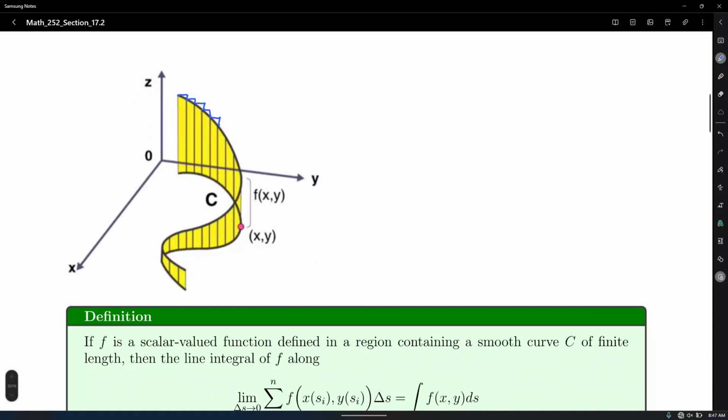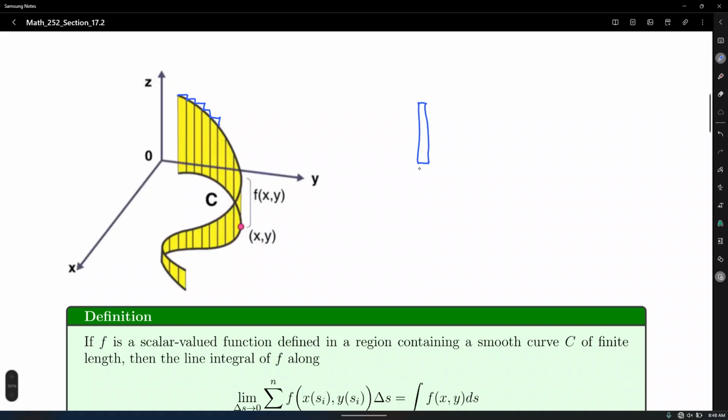Now, again, I'm going to take one representative rectangle. But the thing here is, how am I going to create the Riemann sum that calculates the area under the curve in space?